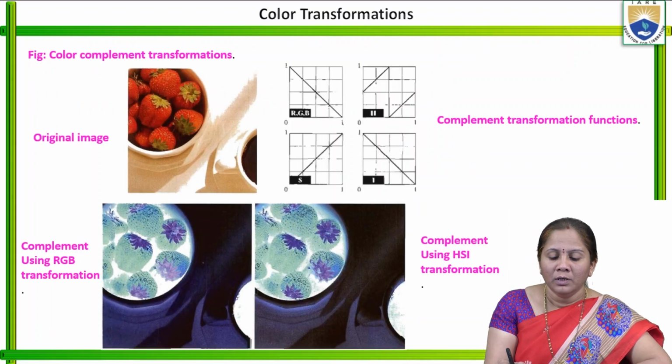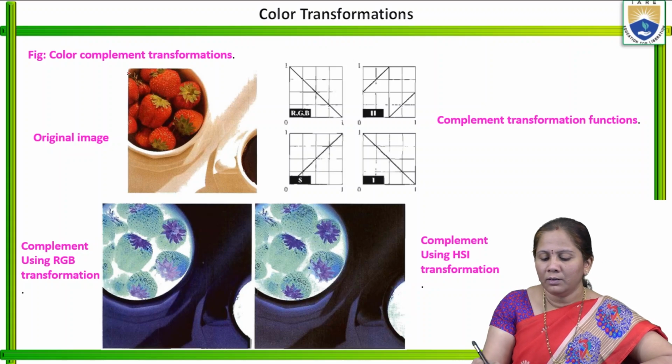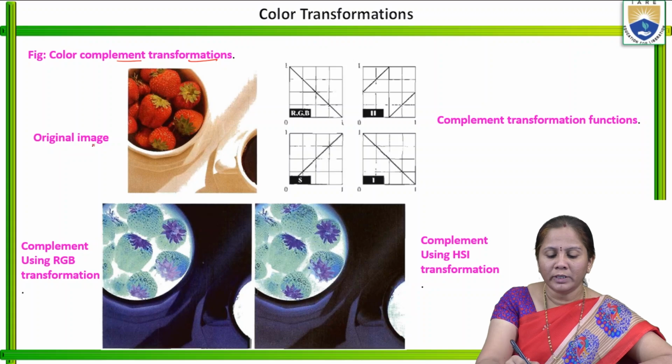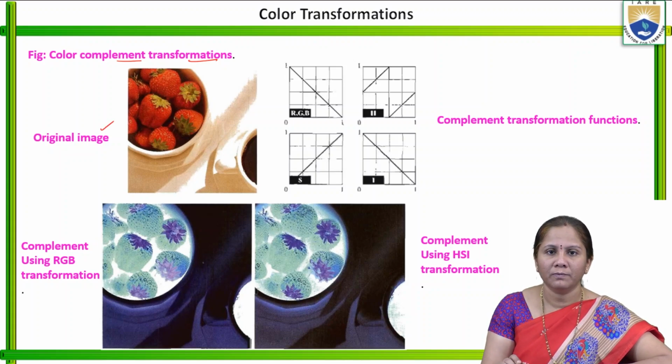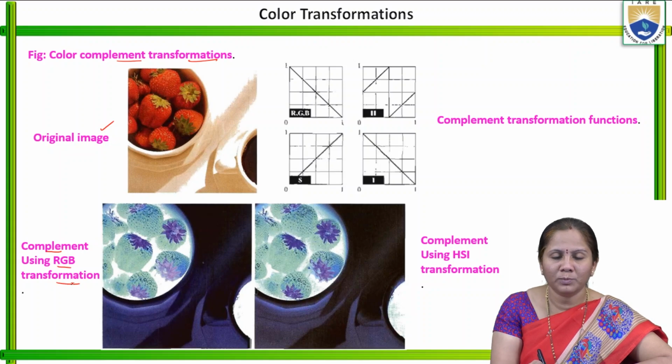Now here we can see the color complement transformation. The input image we have considered here is the original image, which is a full color image. After applying this color complement, here the RGB transformation is applied.